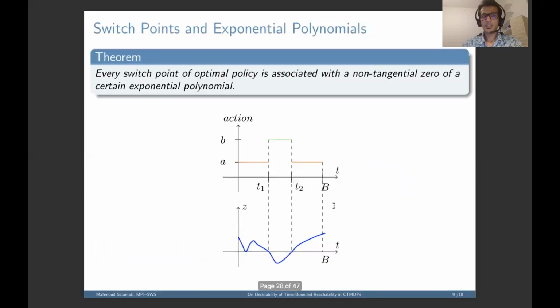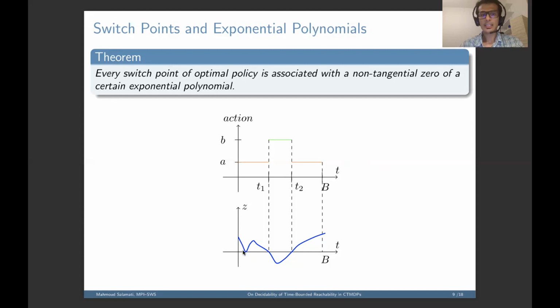To that end, we first prove that every switch point of the optimal policy is associated with a non-tangential zero of a specific exponential polynomial. The details can be found in our paper, so here I'm just going to give you an intuition. Let's assume that Z is an exponential polynomial that corresponds to the switch points of the optimal policy for a CTMDP.